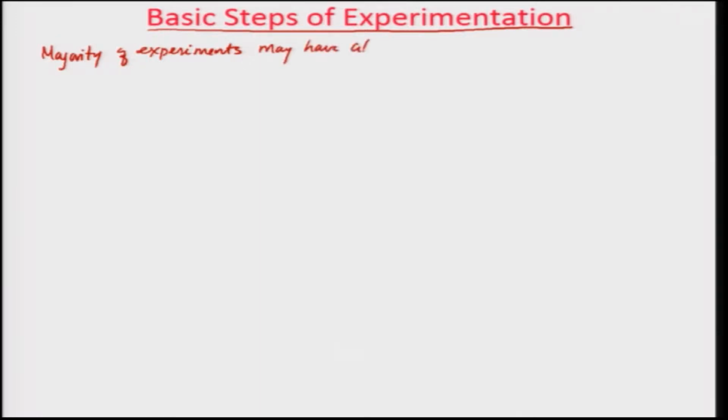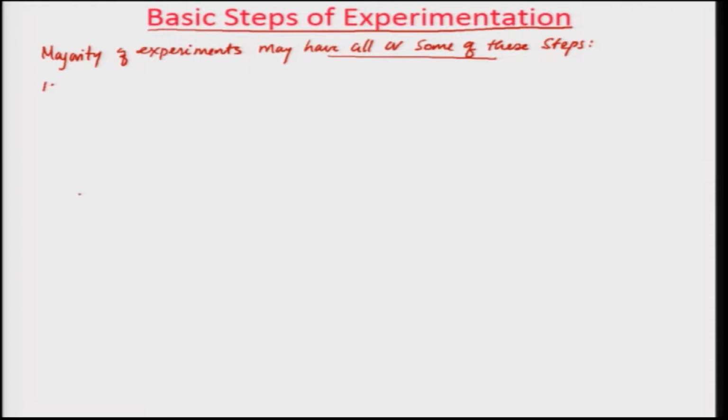So, we come towards the conclusion of today's presentation, and what we are going to talk about today is the basic steps of experimentation. So, the majority of experiments may have all or some of these steps.